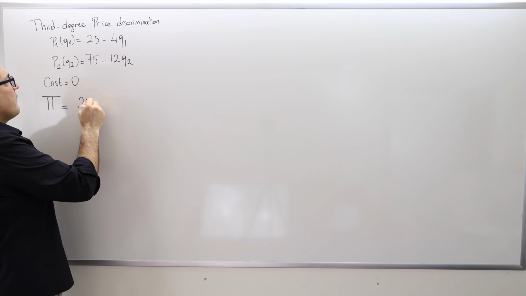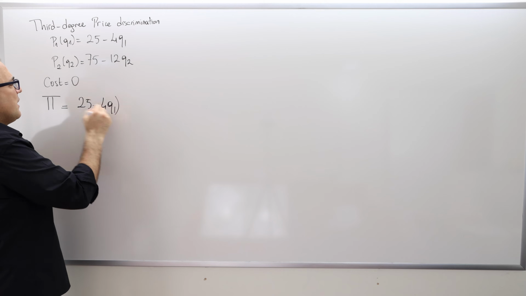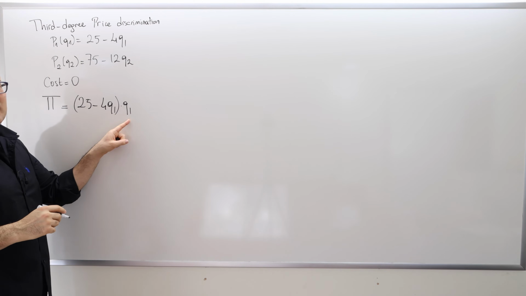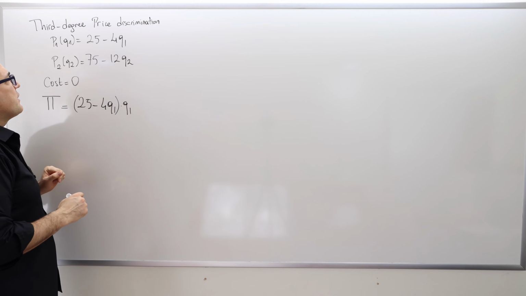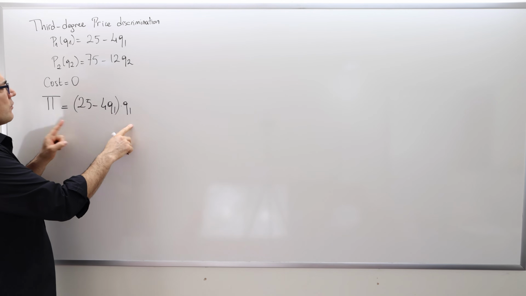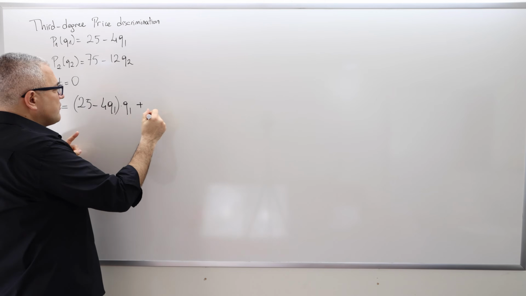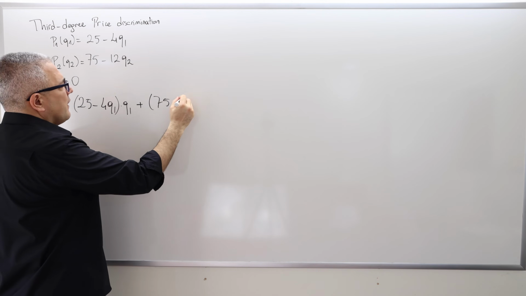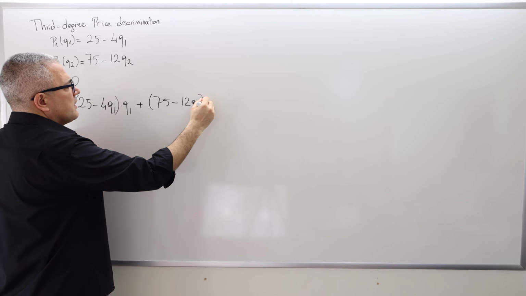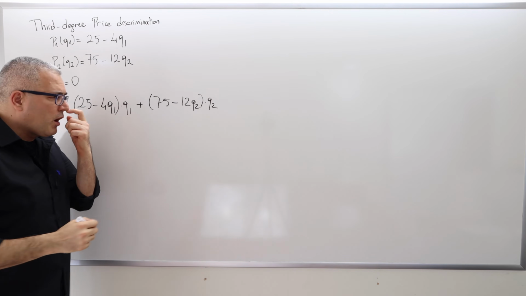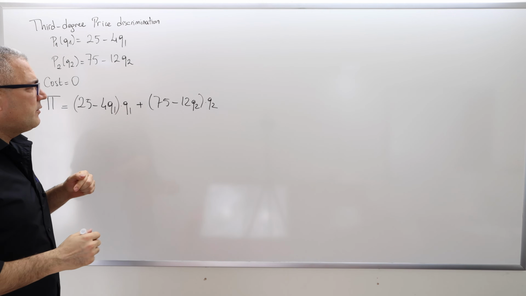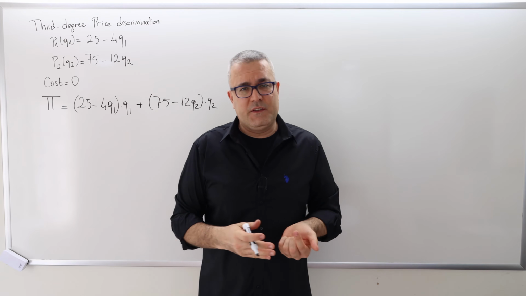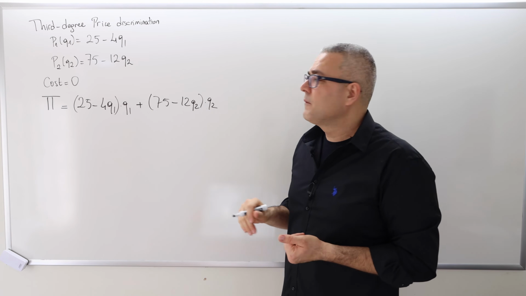So it's 25 minus 4 Q1 times the number of quantities that the monopolist can sell to group 1, so Q1. That's the revenue from group 1 plus the revenue from group 2. It's going to be price 75 minus 12 Q2 times the number of quantities the monopolist can sell to group 2. And then minus cost, well, there is no cost in this example, so that's the profit.